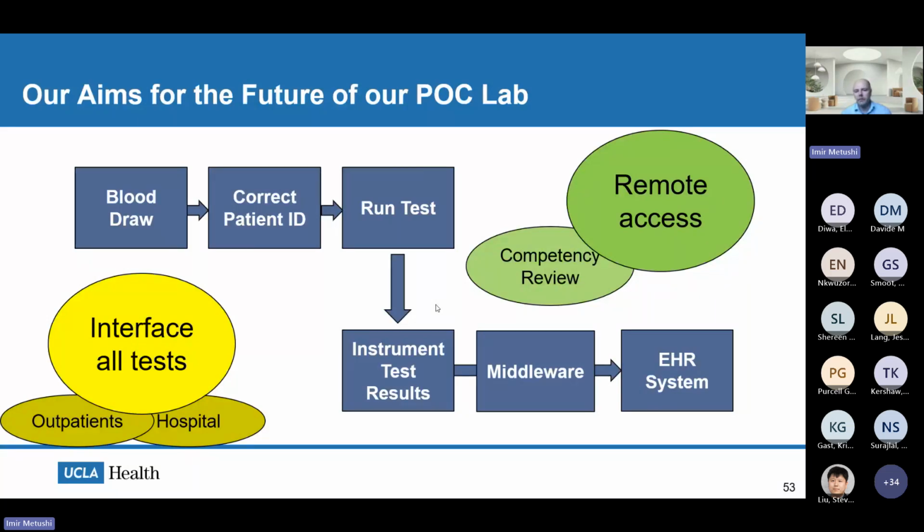Getting those to interface becomes a very big job. So the larger project to accomplish this for the whole system is very difficult because of its complexity. But point of care testing in itself is not difficult to achieve.